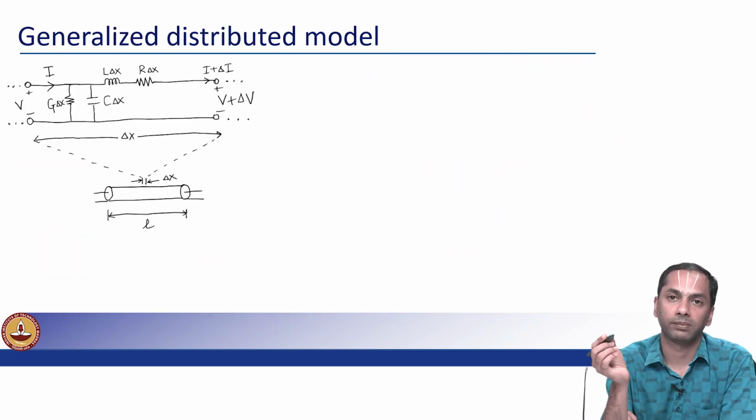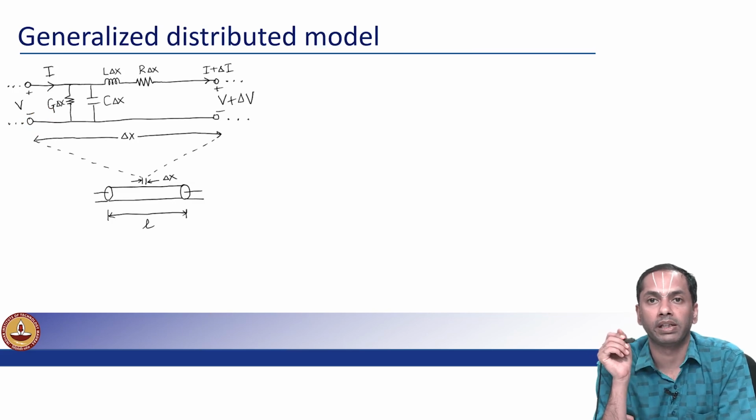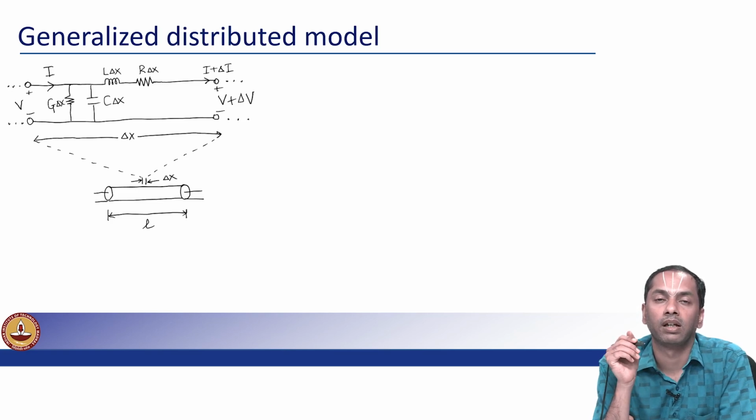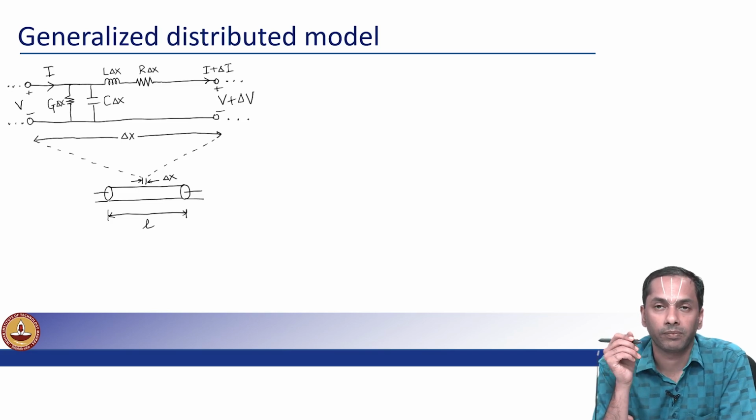Remember that the original distributed model we came up with for the transmission lines also had resistors, right, to indicate losses, and we actually simplified by assuming these resistors were 0, by saying that in the time domain analysis we can keep things a bit simple by just looking at the L and C and just looking at the time delay effect.